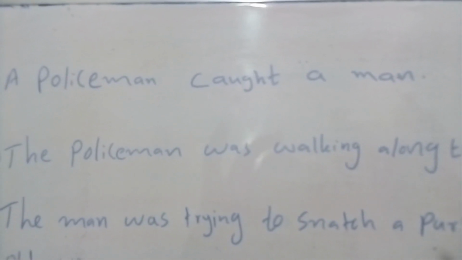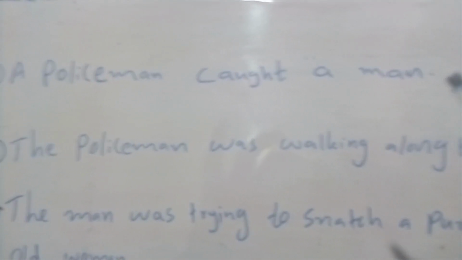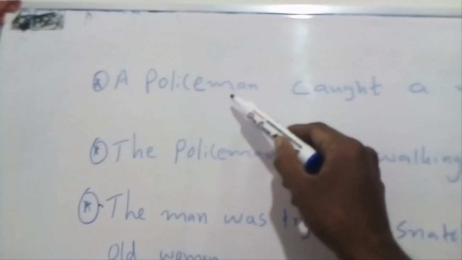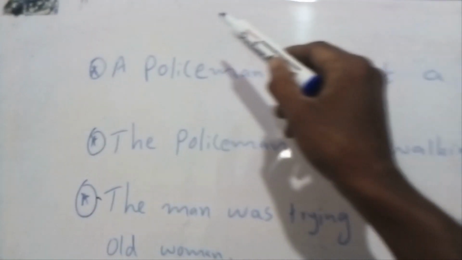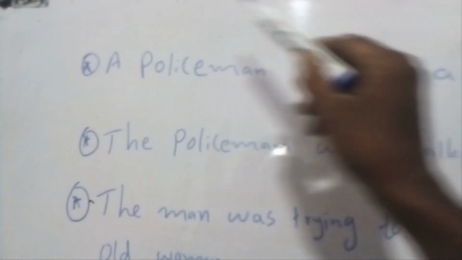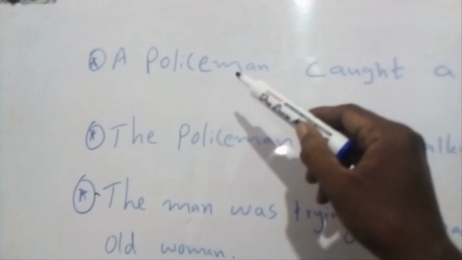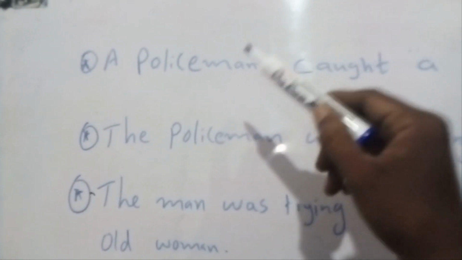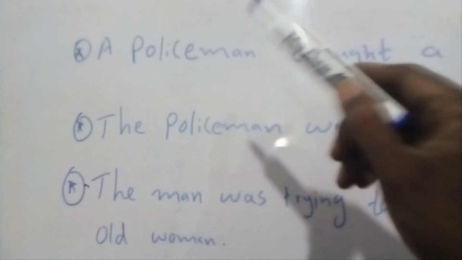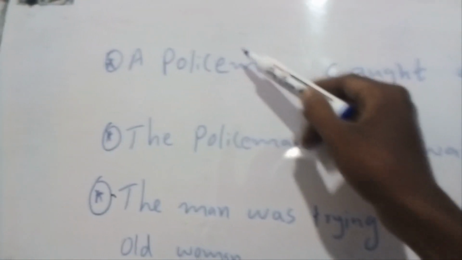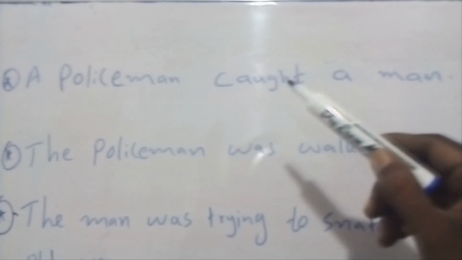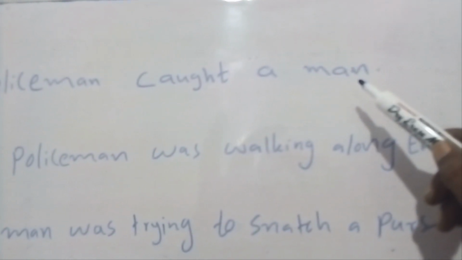But if we want to describe something more about this policeman, because we usually use a relative clause to describe a noun. There is nothing other than a noun that can be described using a relative clause. So a relative clause is only used to describe a noun. And there is another noun, man.